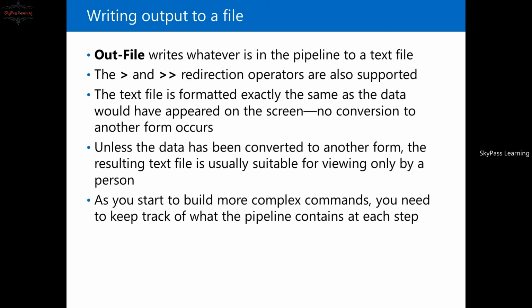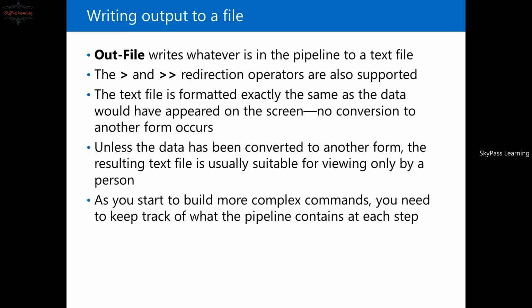The same can be followed here, or you can use Out-File. If you use a greater than sign, then it will write the output to a file and it will overwrite. If you put a double arrow, that means it will append the text in the file. It will not overwrite the data. And we have the option Out-File, which is basically used to write data to a specific file.